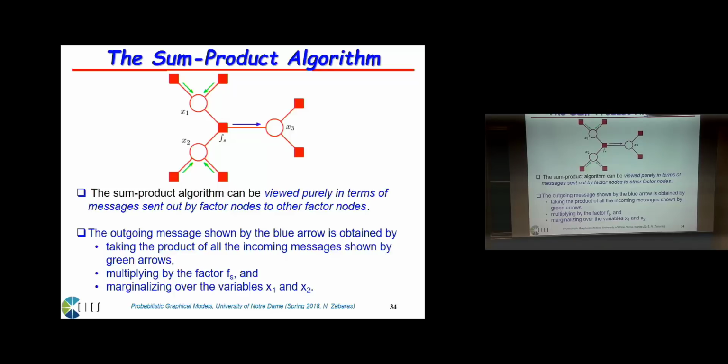Yes, I know that, but the message that this node sends to this factor is what message? It is the message that this factor sends to this node. So you can go directly from messages factors send to these nodes that are neighbors of Fs, and then multiply all this together to get the blue message from this factor to the node. Okay? So you can bypass, basically, if you want, the need of having messages from nodes to factors and factors to nodes.